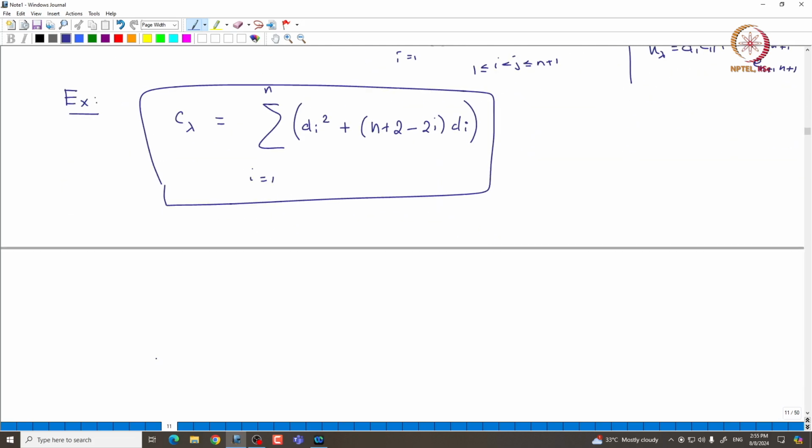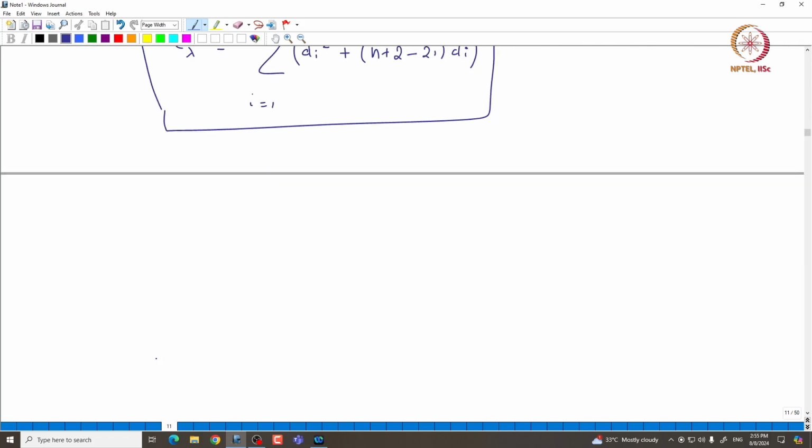Now we are going to use this explicit formula in order to conclude something more about the C lambdas. So, here is the proposition. This is a very powerful observation in some sense. C lambda is defined for any lambda, because h is identified with h star.